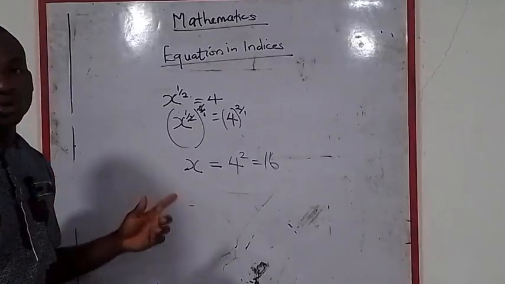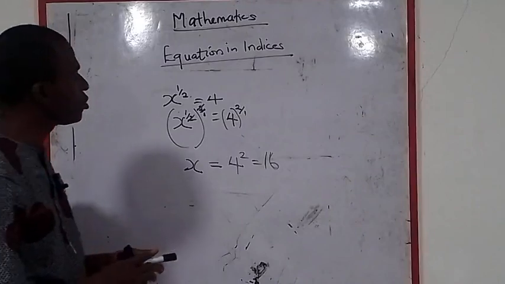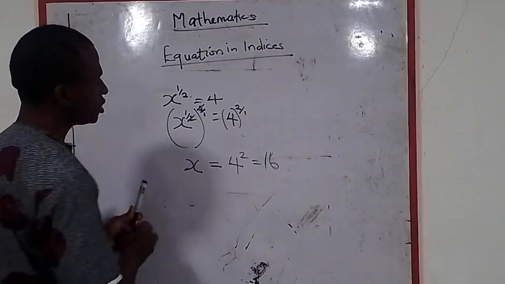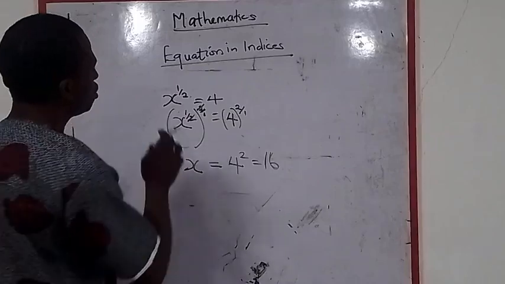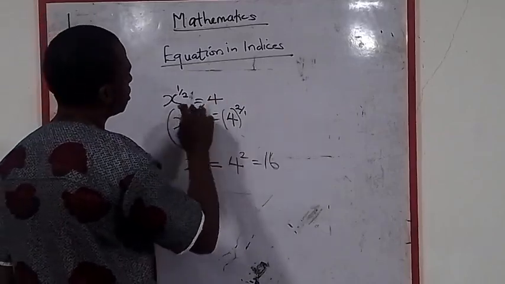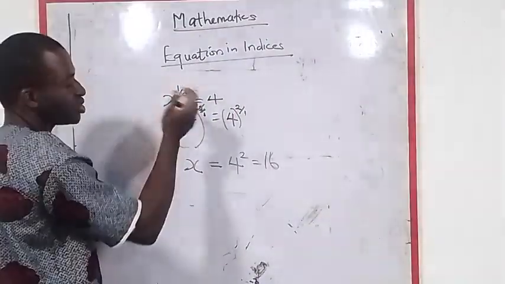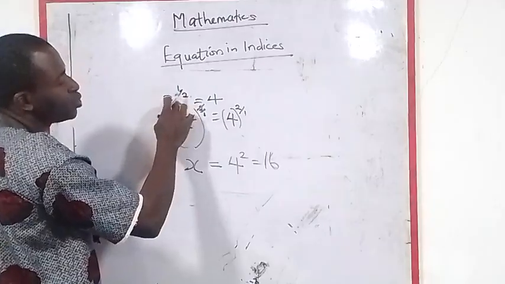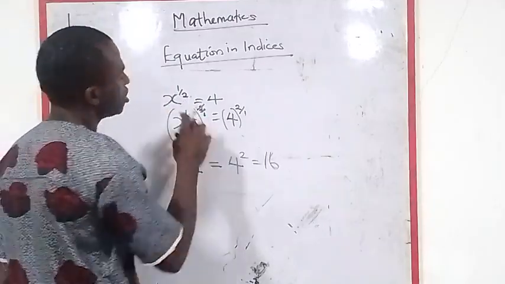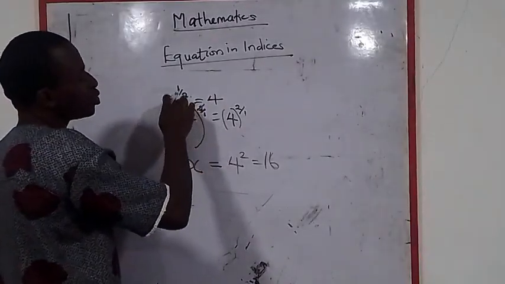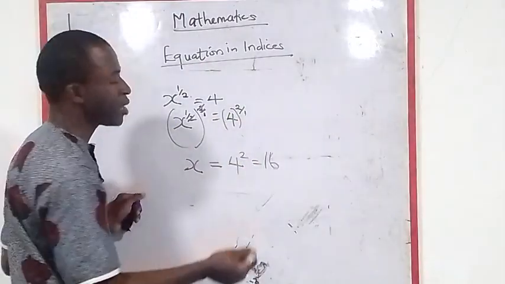Also what you need to know here is that some mathematicians, when they are teaching you something like this, will just tell you that when you find a square root on this side, because from our sixth law of indices, x raised to the power 1/2 means square root of x, the square root will cross to become a square on the other side.